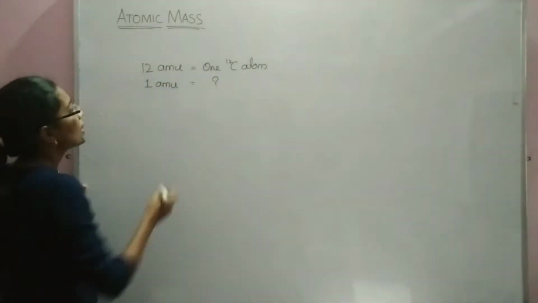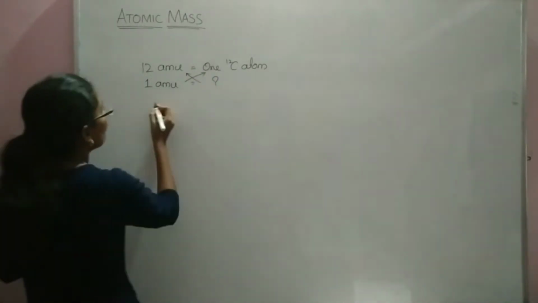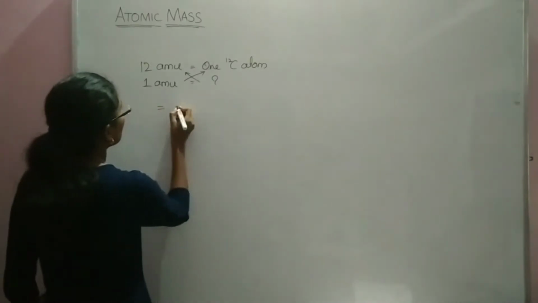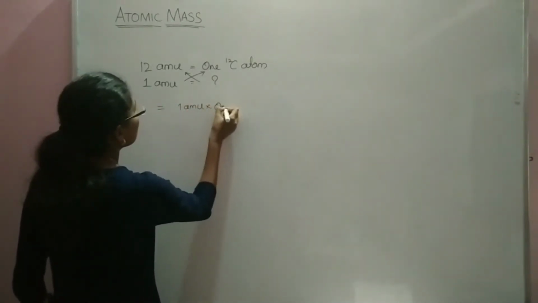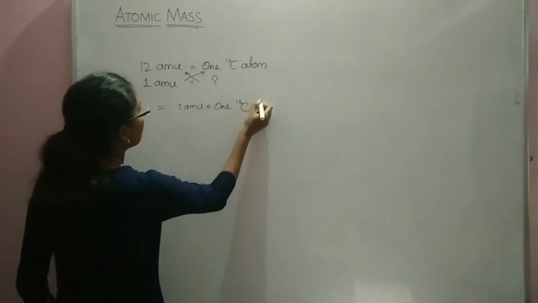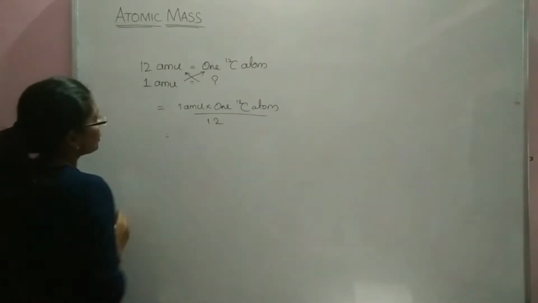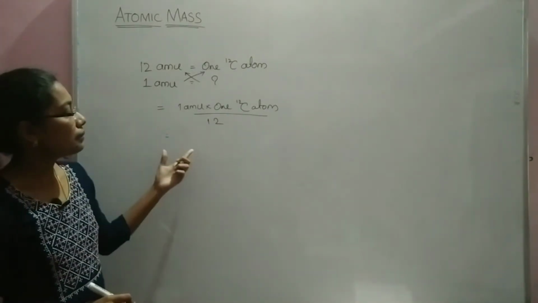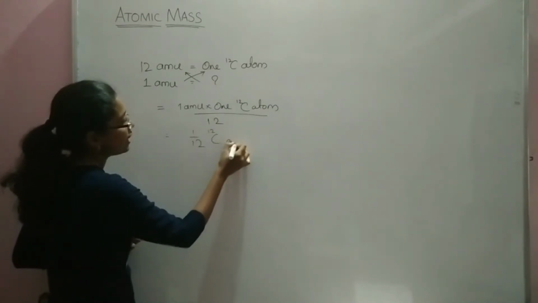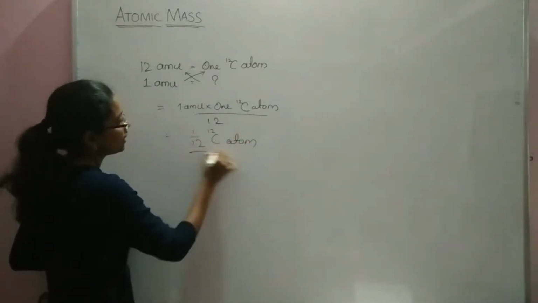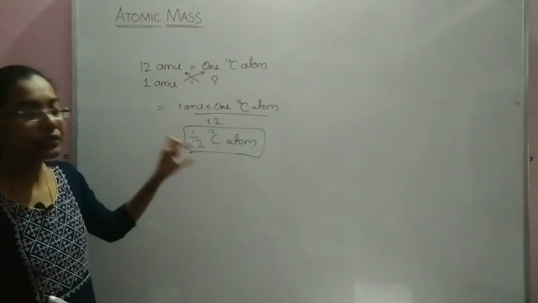We don't know, so we'll get it by cross multiplication. So 1 AMU is 1 C12 carbon atom divided by 12. So 1 AMU will be 1/12 of the C12 atom. This is what the 1 AMU we got.